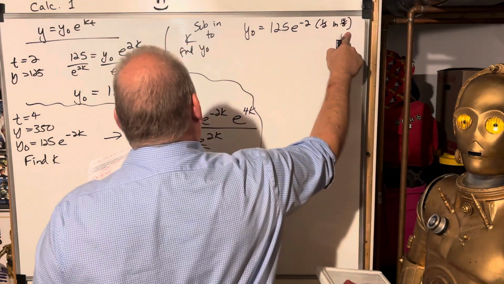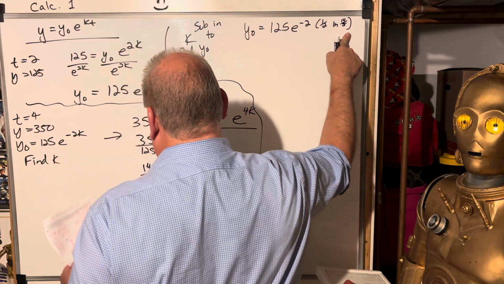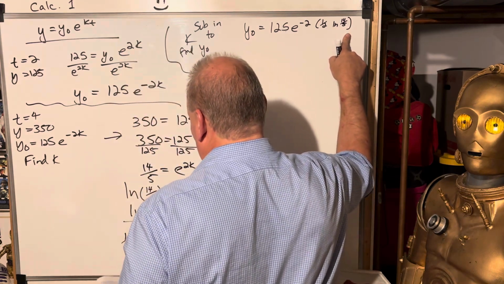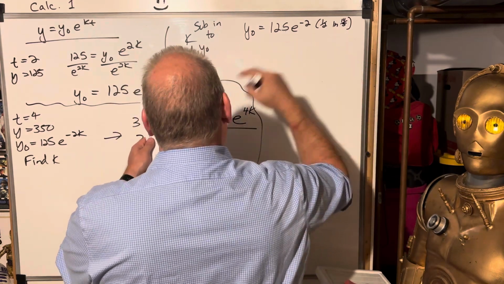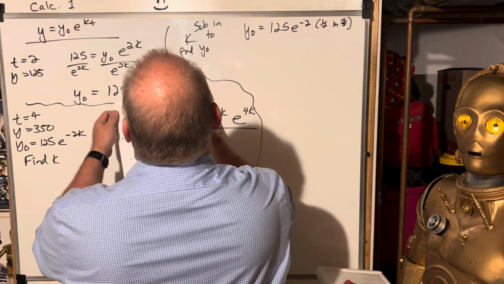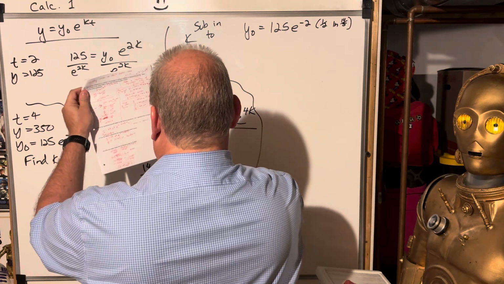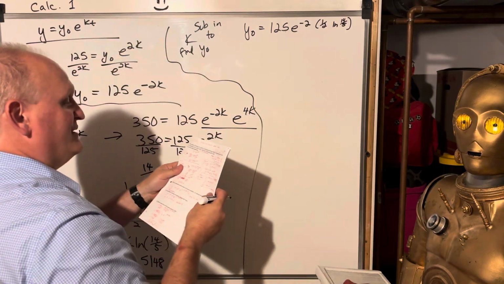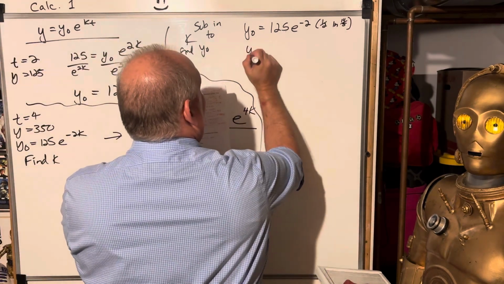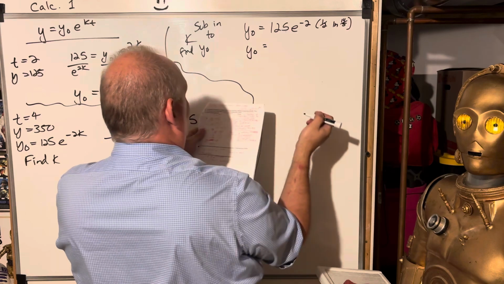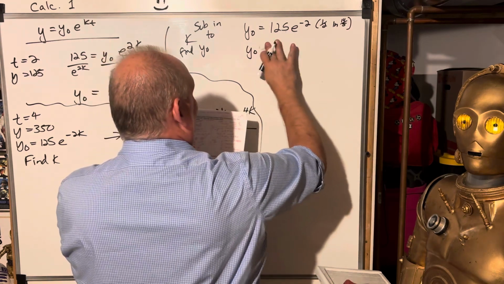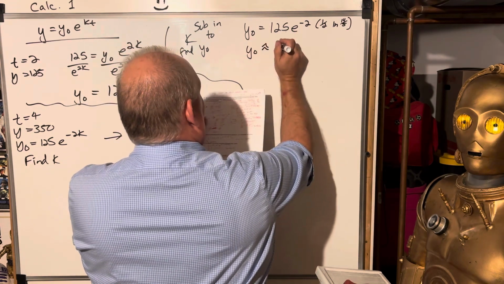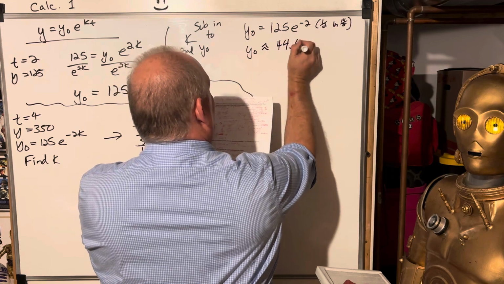So that's what it would look like if you didn't have your calculator. Oh no! We did have our calculator, so we figured out what k was. So we didn't need all that stuff. So here, y naught is approximately 44.64.